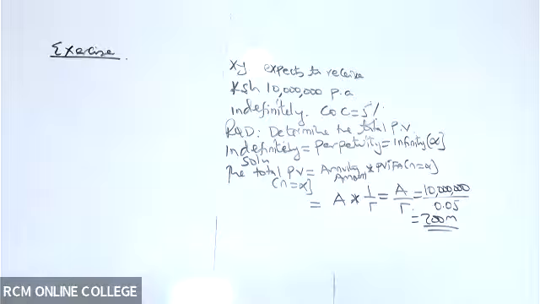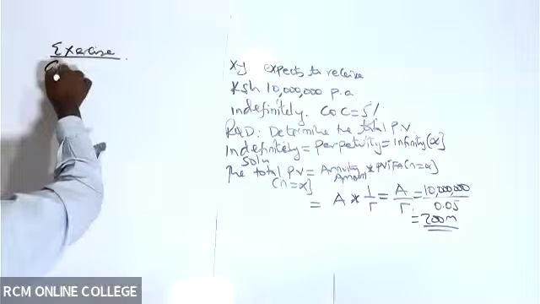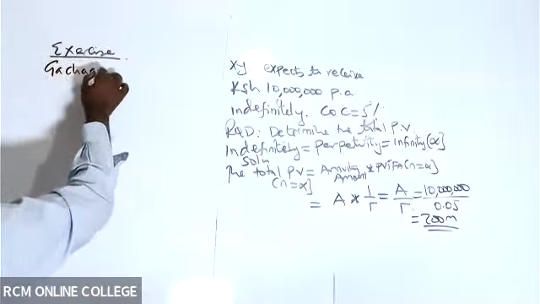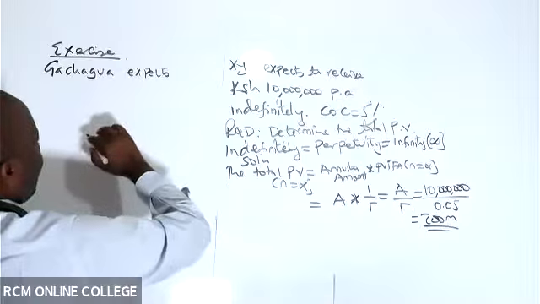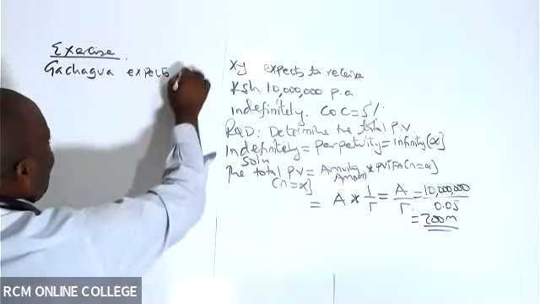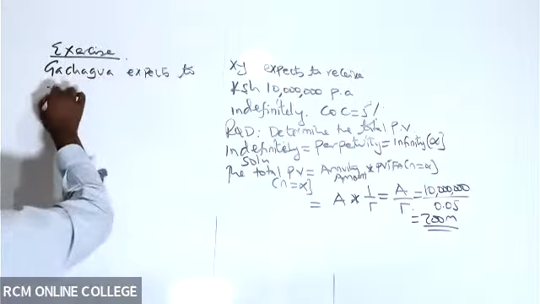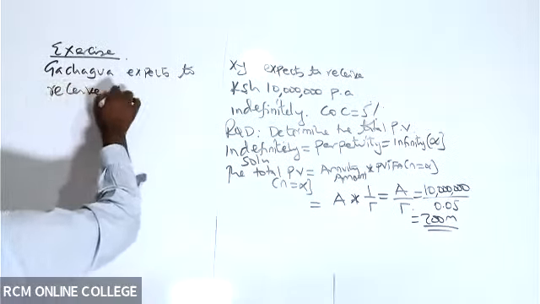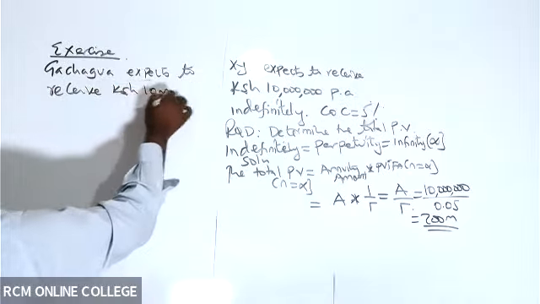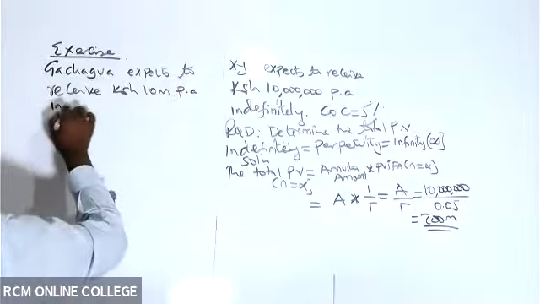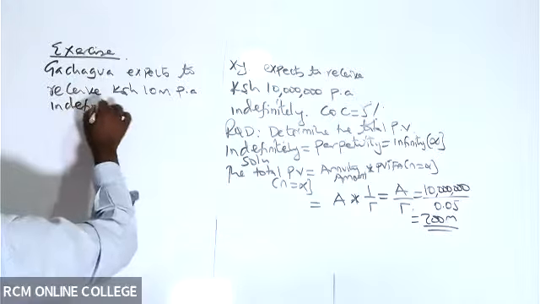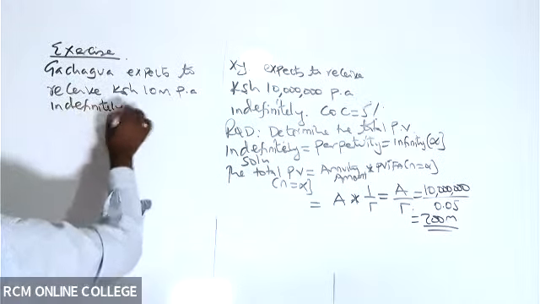So in this exercise, we have our great gentleman here, an investor, a shareholder, who expects to receive Kenya shillings 10 million per annum indefinitely. Full stop.